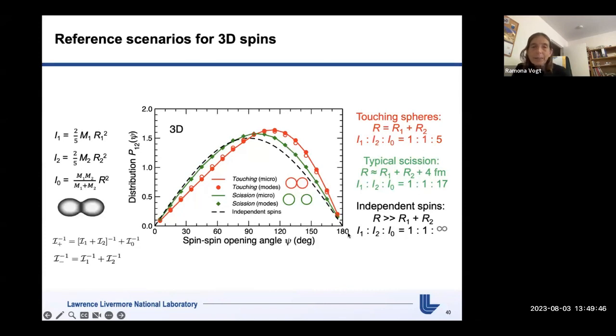The independent spins assumes that it's 1-to-1 to infinity, where the L0 is basically that due to L and not the individual spins.